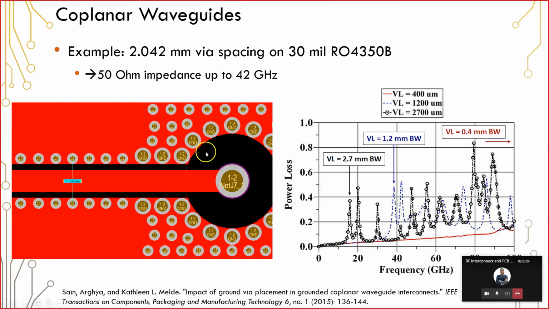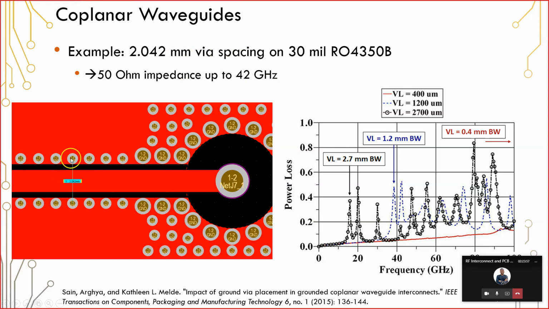So the reason this particular structure was designed in this way is that, number one, by using 30 mil dielectric, so a thicker dielectric between the top layer and the ground plane, you have to now use a wider trace to get to a 50 ohm impedance. You absolutely have to use a wider trace. You have no choice. That's what's going to give you a 50 ohm impedance. But by using the wider trace, you're going to have lower skin effect and you will have lower conductor losses.